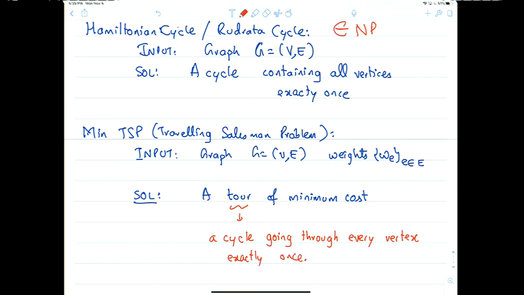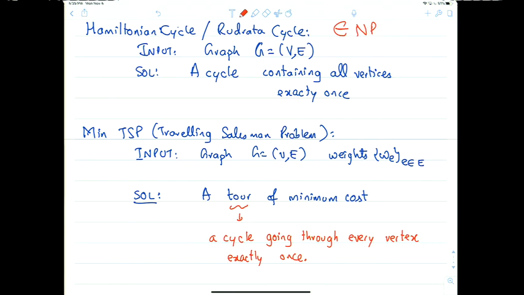So what you need to do is start at a vertex, go through every vertex exactly once, return back, and you want to minimize the total cost of all the edges that you traverse. So you want a big cycle of size n, right? You have to go through every vertex exactly once. You just have one big cycle of length n, it has n vertices, and you want to minimize the total cost of the edges on the cycle. Okay? So that's the minimum TSP problem.